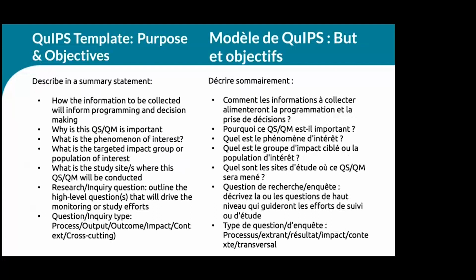Under the purpose and objectives, you'll describe how the information collected will inform programming and decision making and why it's important to collect this information, what you're interested in studying, who the targeted impact group or population of interest is, where it will be conducted, and any high-level research and inquiry questions that will allow you to define the study and monitoring.